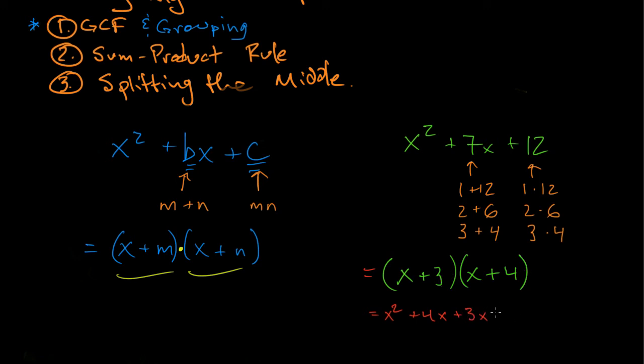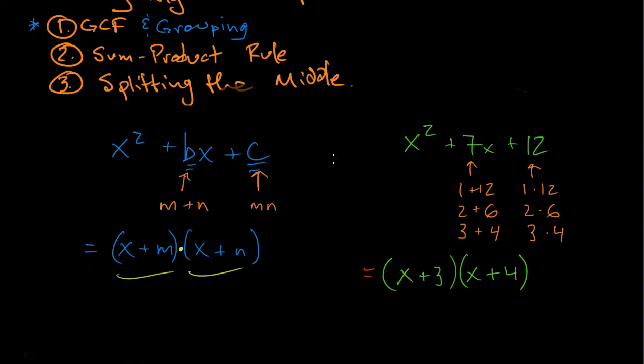And 3 times 4 is 12. These two are like terms, so I end up with x squared plus 7x plus 12, which is what I started with. So I know my factored form is equal. So I've factored x squared plus 7x plus 12 to x plus 3 times x plus 4.